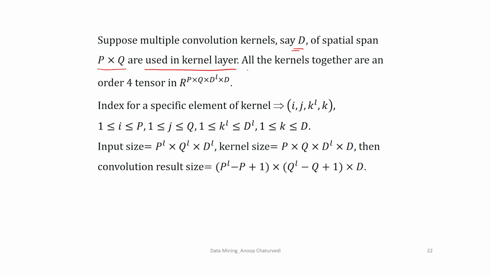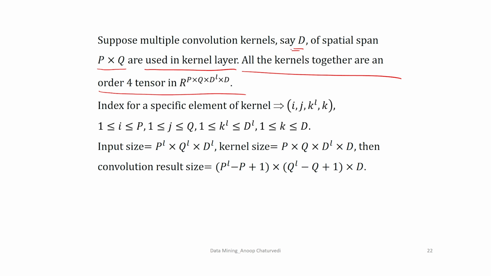Then all the kernels together are an order 4 tensor in R P cross Q cross DL cross D. So, in fact, the examples which we have considered earlier use just one kernel, but you can use multiple convolution kernels also.